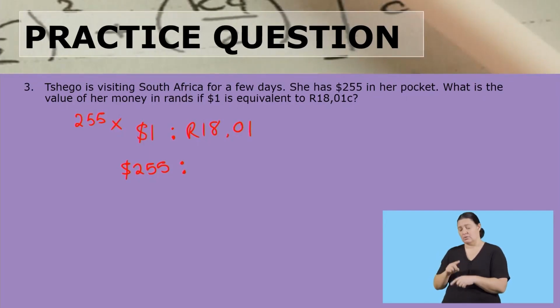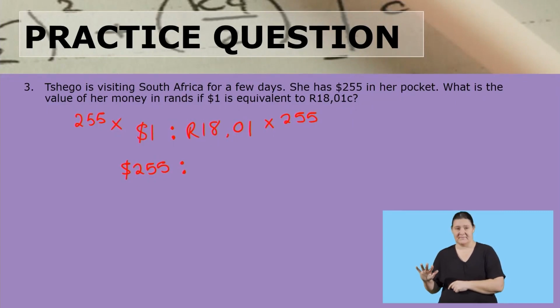And what we do on one side of our rate, we should also do the same thing on the other side. This means that this 18 rands and 1 cent, we are going to multiply it with 255.